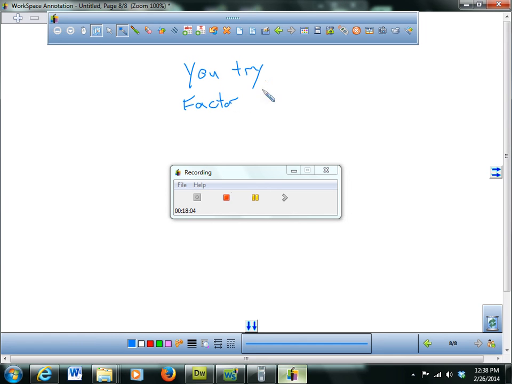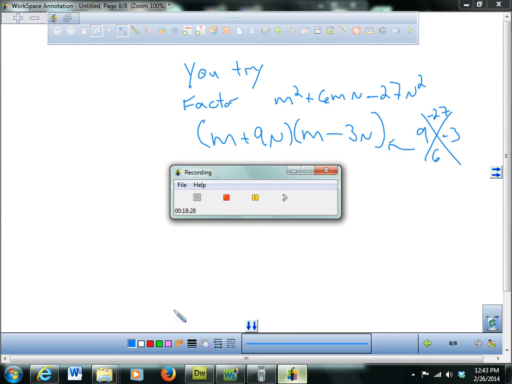So not just tell me what the two numbers are, but actually write out the factored expression. m squared plus 6mn minus 27n squared. So multiplying those together. Any questions, problems, answers?